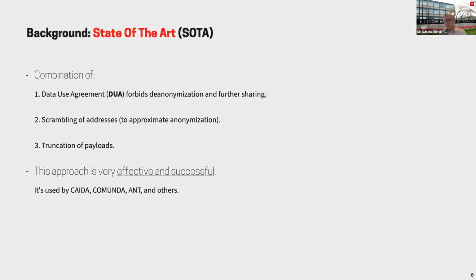So I'll say a bit more about what this means. But I will point out that this approach is extremely successful. It has led to the sharing of a lot more data under this scheme, and you find it being employed by various data repositories.